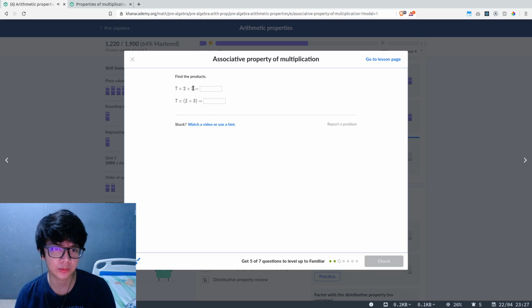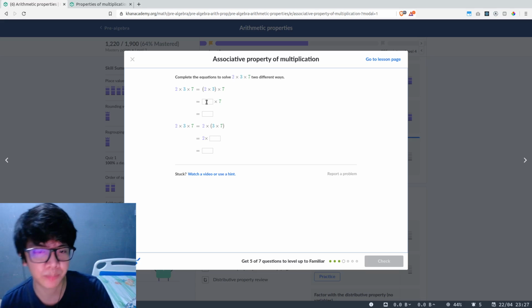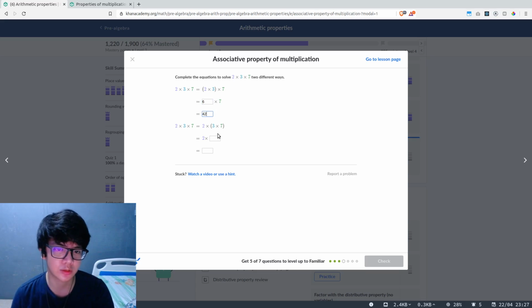Find product. 14 times 3. Holy shit. It's 14 times 3. It's 42. Complete the equation solved in 2 different ways. 6, 42. What's this? 21. 140. Okay, cool.